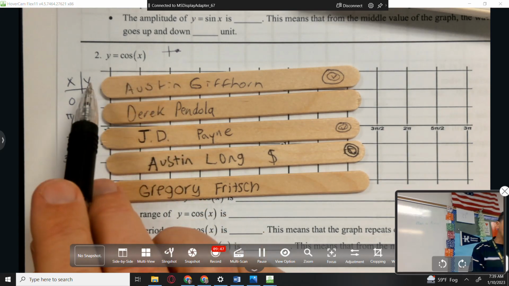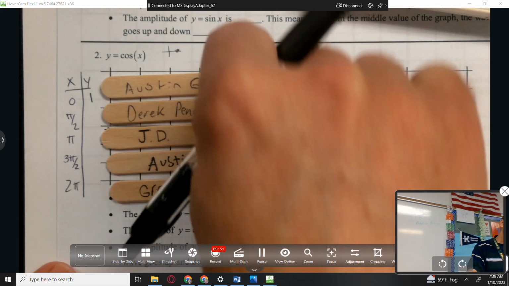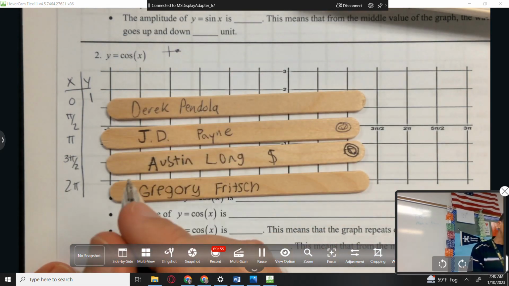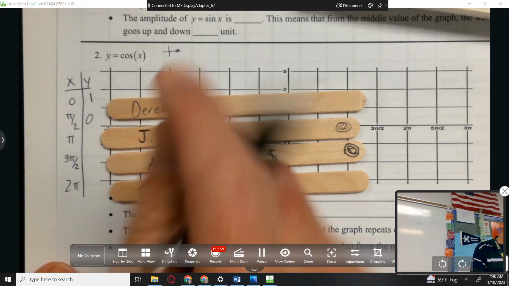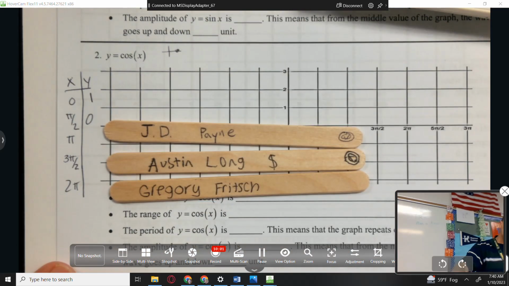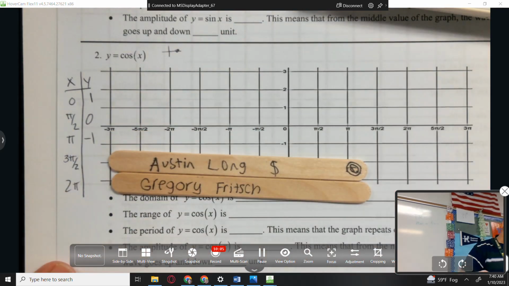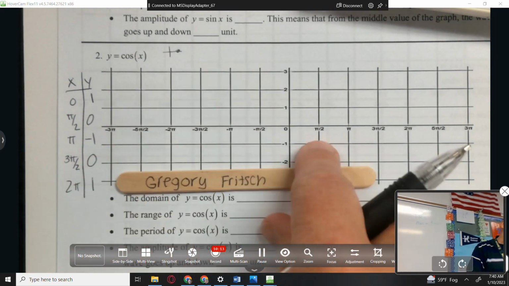Cosine is the x-coordinate, so it's 1. Derek, how about the cosine of pi over 2? 0. JD, the cosine of pi. -1. Austin, the cosine of 3 pi over 2. 0. Yes, sir. Gregory, the cosine of 2 pi. 1, because we're right back to where we started.